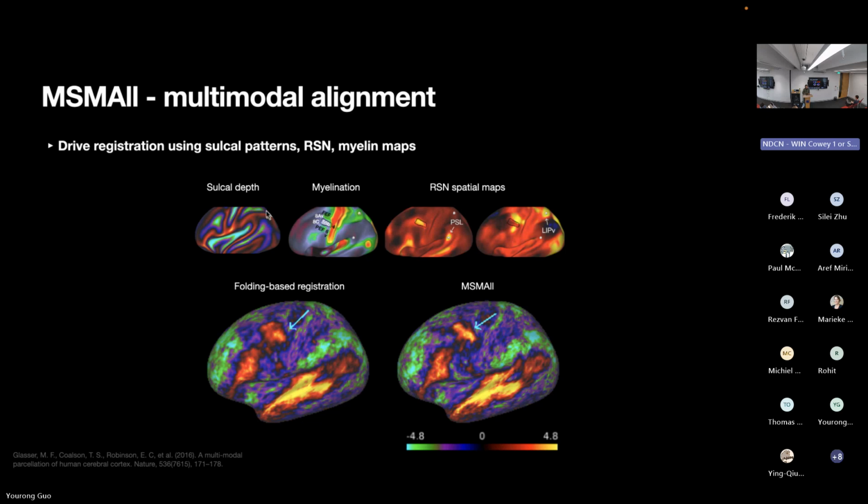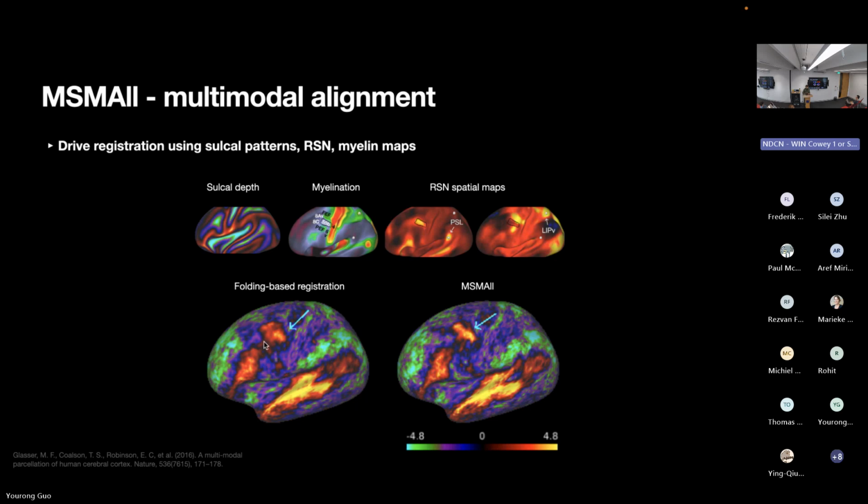So here it first drives the registration using the sulcal depth. Then it's trying to drive the registration using the myelin structure marked by T1 over T2. And then drive it with the resting state network to gain more functional alignment.